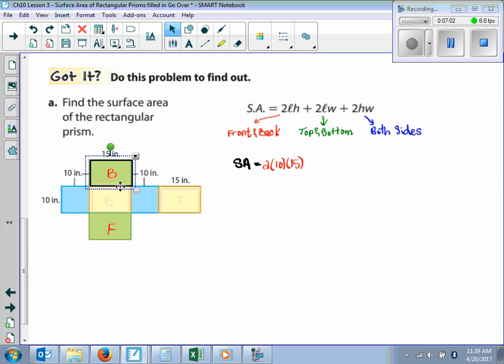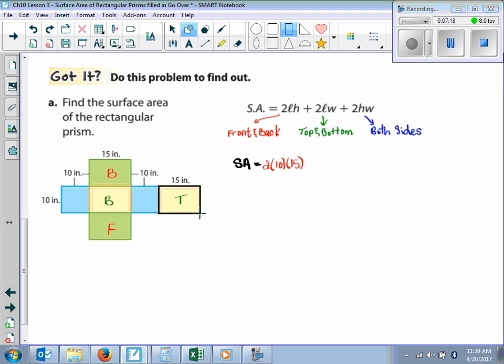Then we want to find the top and the bottom. So the top and the bottom are these two. Does everybody see that? Now, to find the area of this top and bottom, there's the 15. What am I going to multiply 15 times? Times 10.